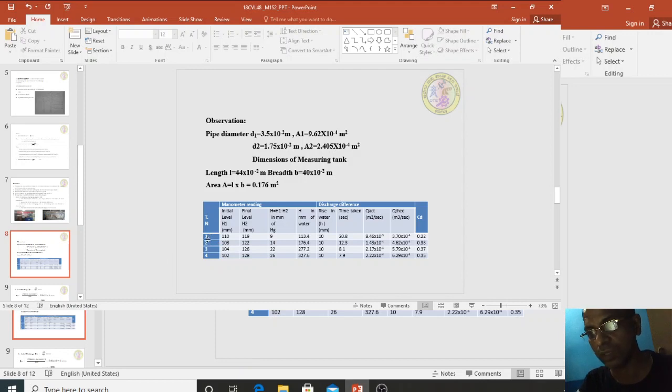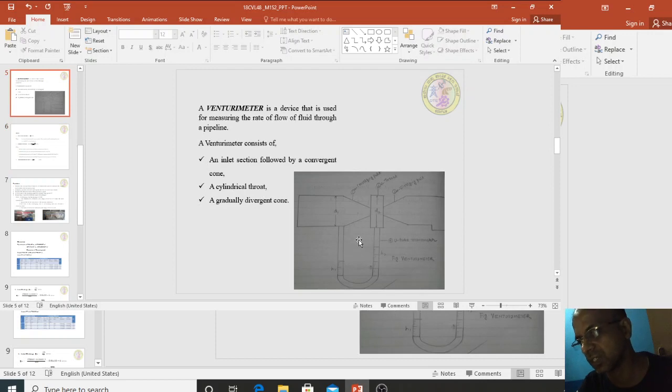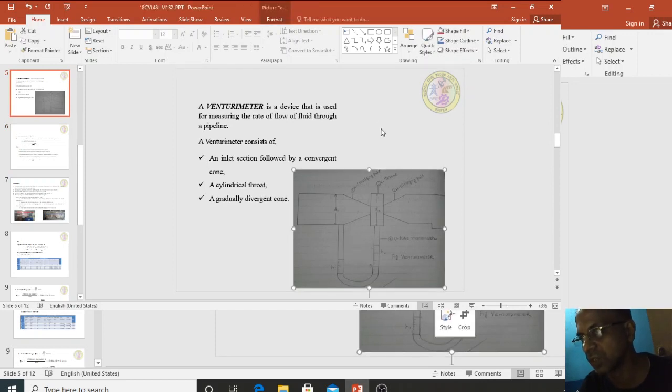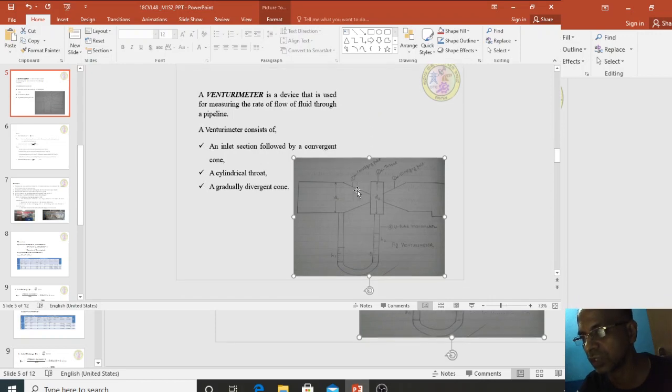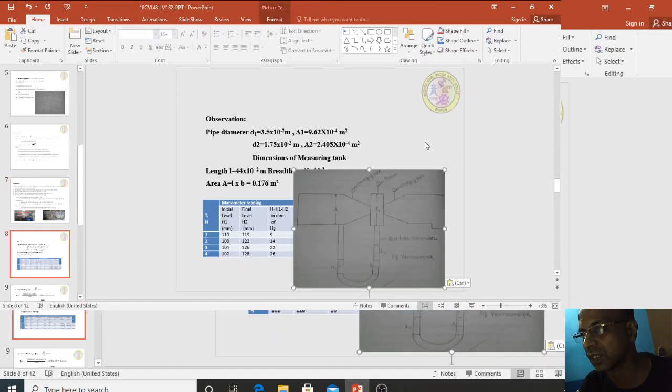I will give one experiment calculation with a detailed explanation. Please see here. For the first trial, the initial level of the manometer is H1. So I wanted to put it so that every time it is not necessary to move it here.